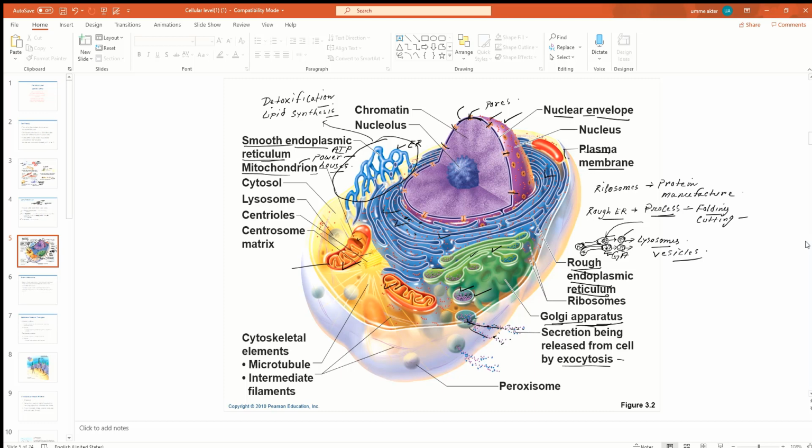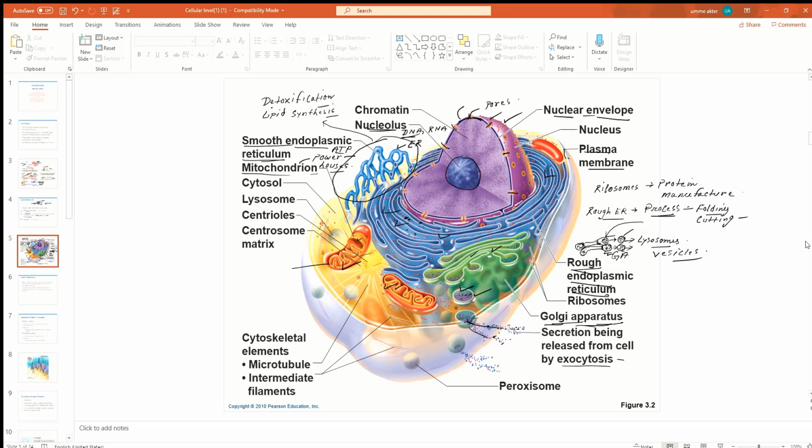Now, inside the nucleus, this structure is called the nucleolus. The nucleolus contains DNA and RNA, very important components of the cell, densely present in the nucleolus.